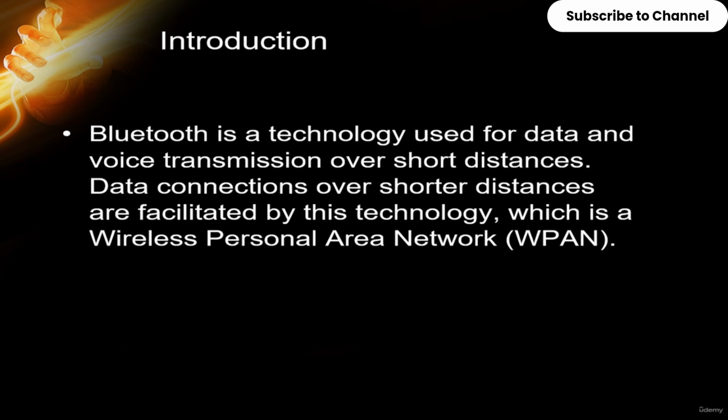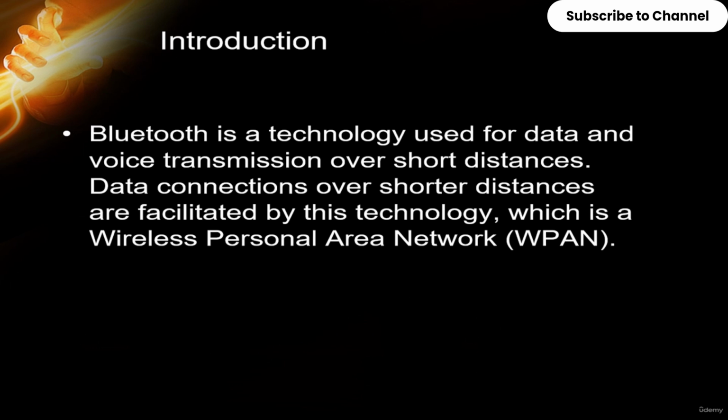Bluetooth architectures use radio waves for data transmission and reception. A network known as a piconet is created when two devices begin to share data. For example, when we transfer data from one mobile phone to another mobile phone, a piconet forms.